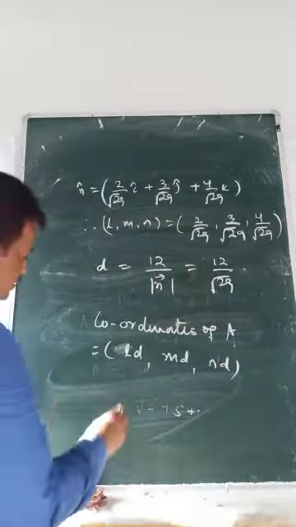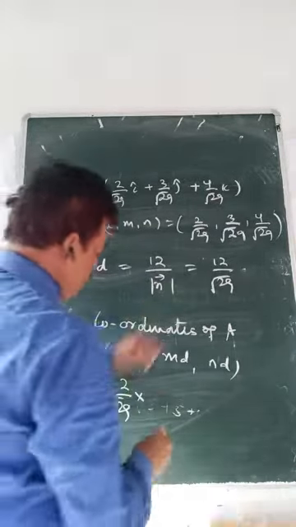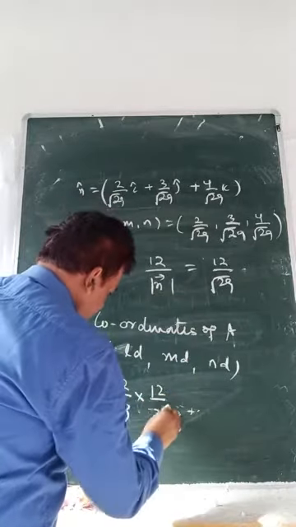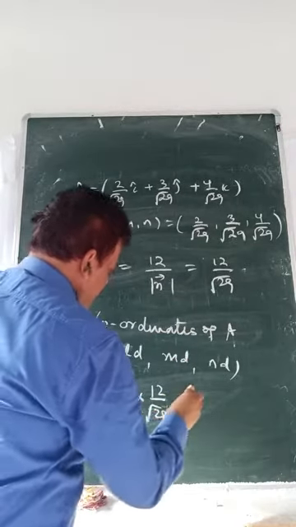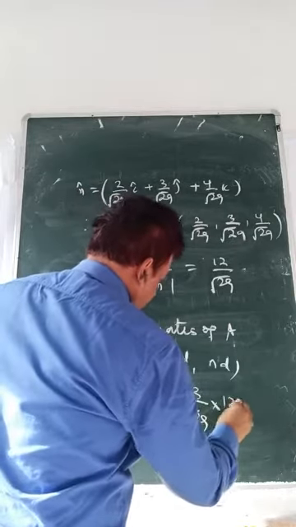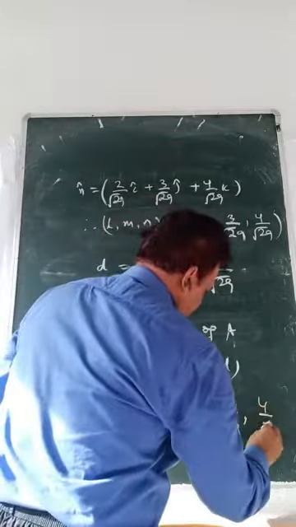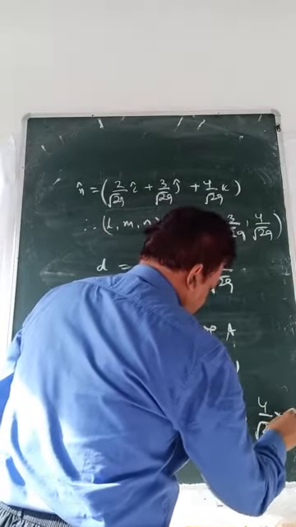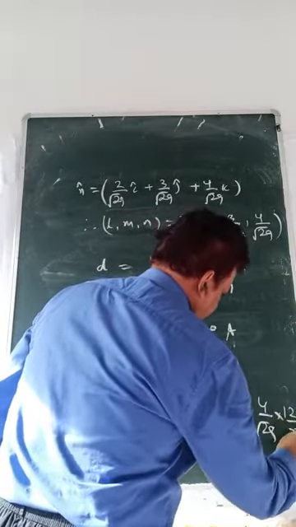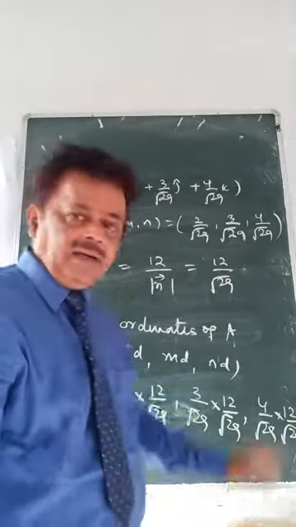N means 2 by root 29 into D, 12 by root 29; 3 by root 29 into 12 by root 29; 4 by root 29 into 12 by root 29.